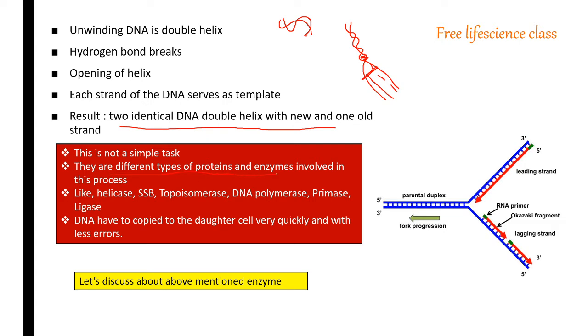There are different proteins and enzymes involved in the process, for example, helicases, single-stranded binding proteins, topoisomerase, DNA polymerase, primase, ligase, etc. DNA has to be copied to the daughter cell very quickly with fewer errors, so there should be such an efficient mechanism for DNA replication. So we are going to discuss the mentioned enzymes.